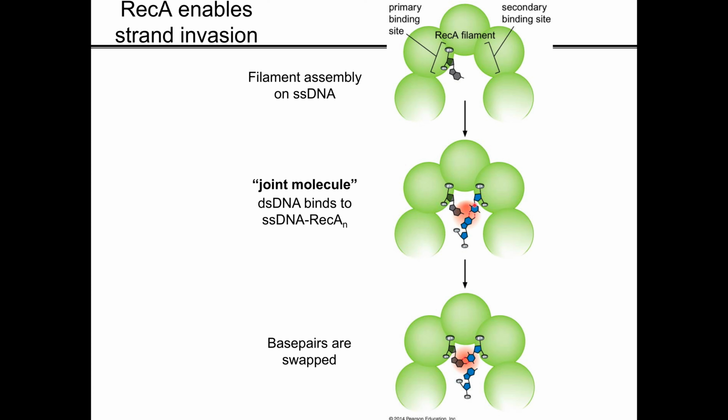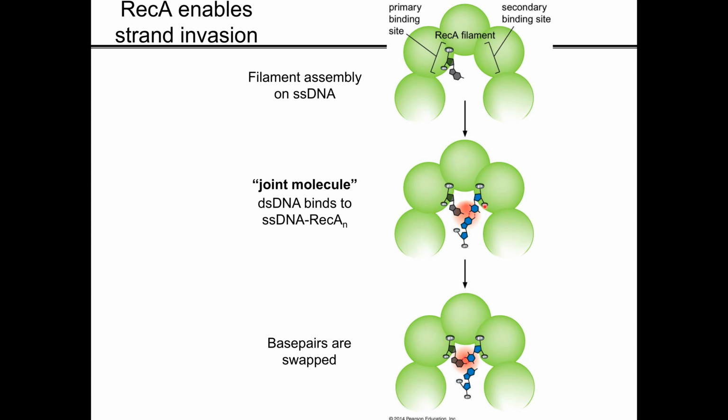So when this double-stranded DNA binds in the secondary binding site, there's going to be a little bit of torsion induced on the double-stranded DNA, the way that it's bound by the RecA filament, this helical filament, that's going to favor the breaking of the hydrogen bonds between the sister chromatid DNA and favor the formation of base pairing between one strand of the double-stranded DNA and our single-stranded 3' overhang invading strand.